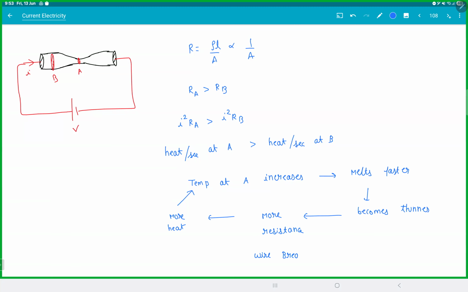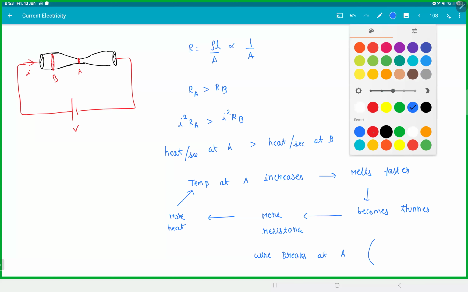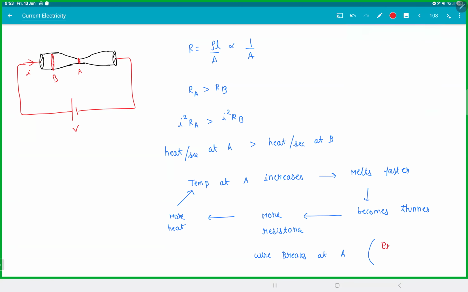So in a non-uniform wire, the thinnest spot is the weak spot. And that point will be pretty bright. Matlab, that point's brightness will just keep on increasing. But there's a small catch. Brightness of A increases.